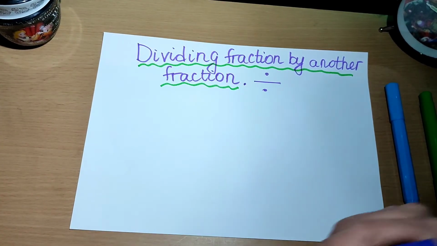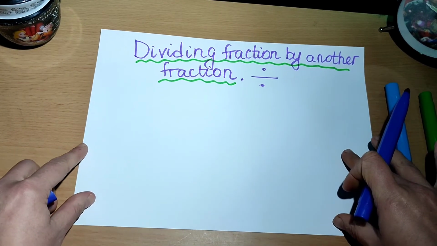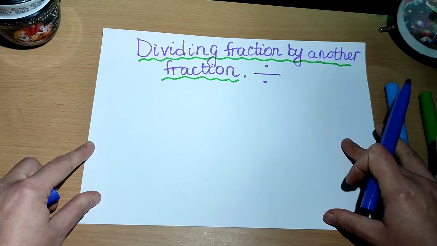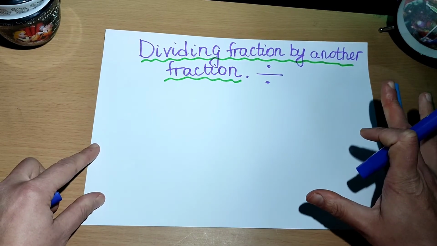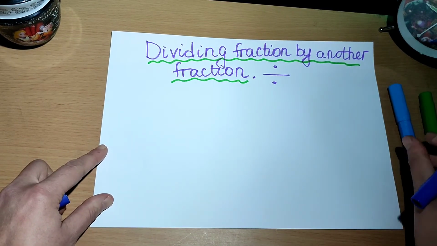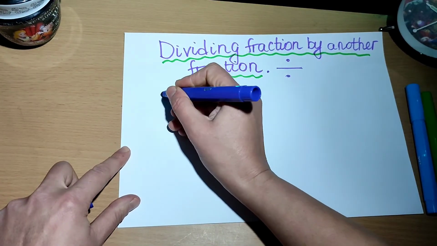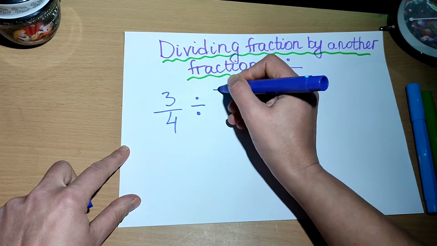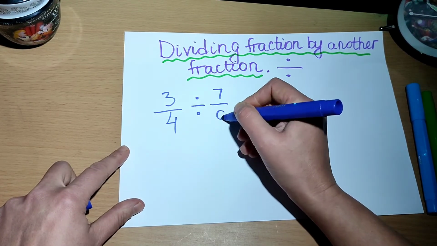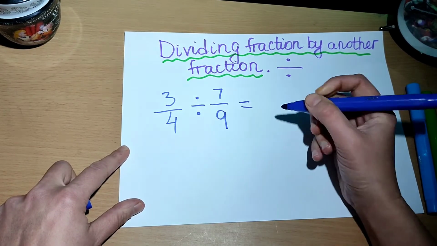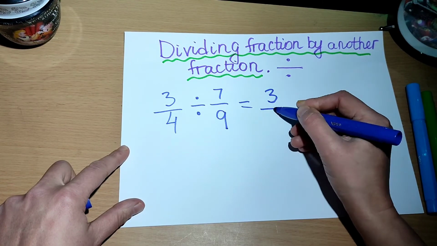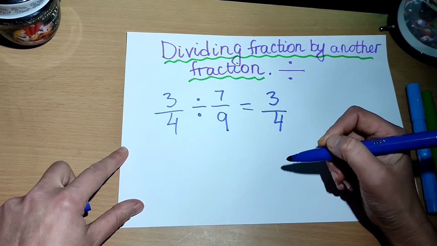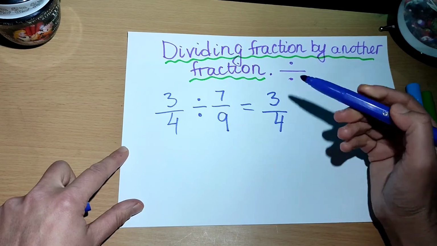You won't need this for your Year 6 SATs, but you will learn it in high school, and I'll show you now if you want, as a bonus. Let's have a fraction and let's divide it by another fraction. All you do, watch what I'm going to do. I'm going to flip this fraction upside down.